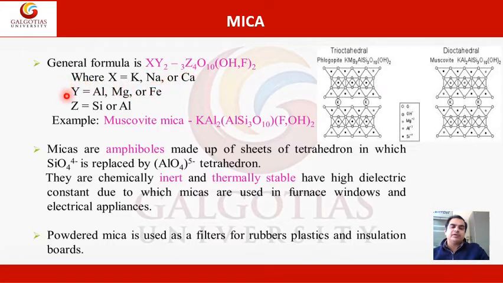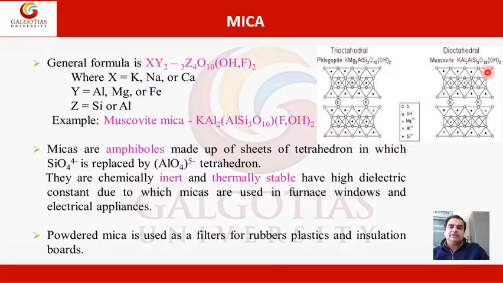In place of Y, we can put metals like aluminium, that is Al, magnesium, Mg, and iron, Fe. In place of Z, we can put Si, that is silicon, or Al, that is aluminium. After putting these, we can get the different examples of the mica.